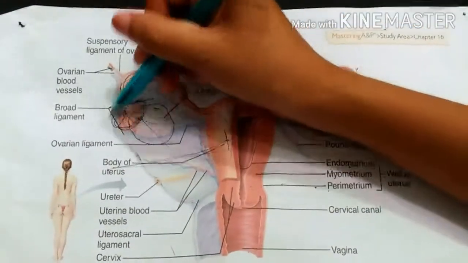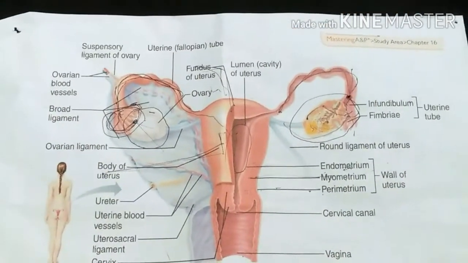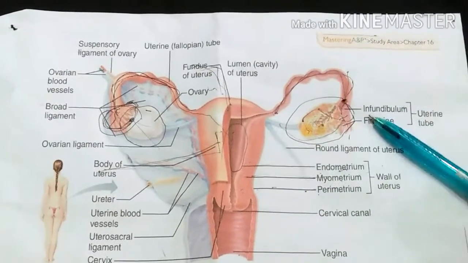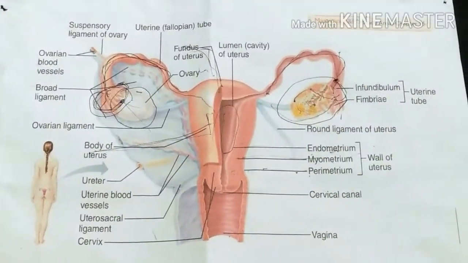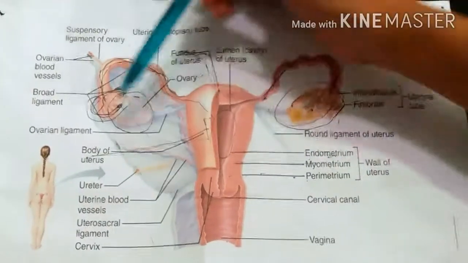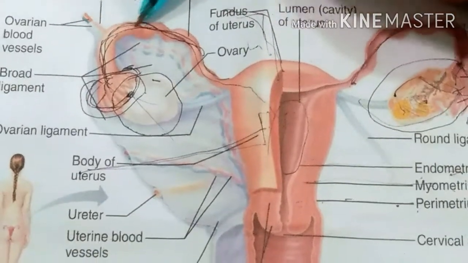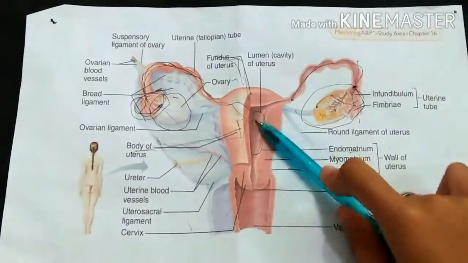So this is the fimbriae. When an egg is released by the ovary, it is caught by one of the fimbriae and transported along the fallopian tube and next to the uterus. So the egg cell will go here, then up to the uterus.